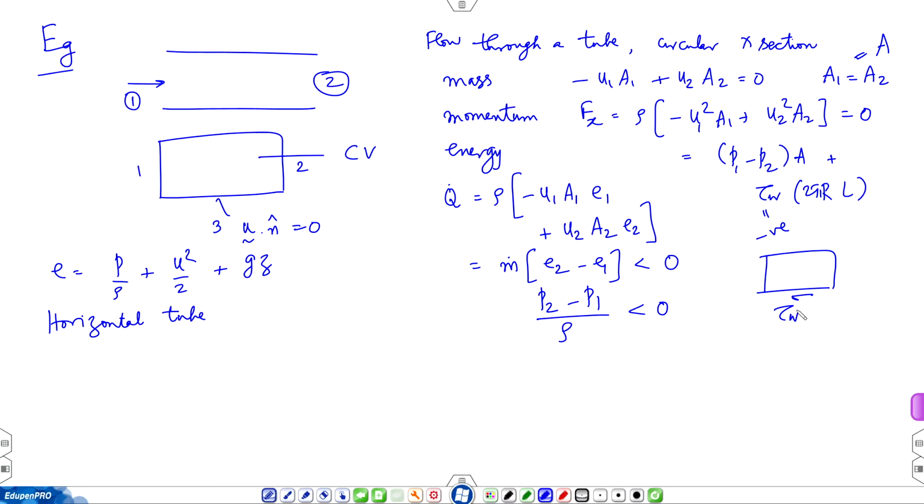So, such problems where you have one inlet and one exit, so single inlet, single exit problems. And you can have multiple inlets and multiple exits, that is a generalization, but it is no big deal, because your integral then will be summed over all the inlets and all the exits.